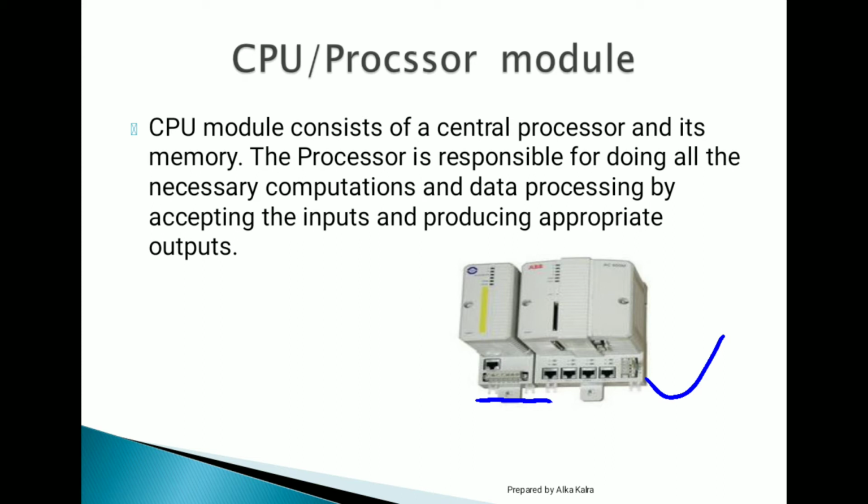First it reads the input and executes the user program on the input signals that it has read from the input devices. Then it processes the data by accepting the inputs, and it produces the output required to control the output devices.